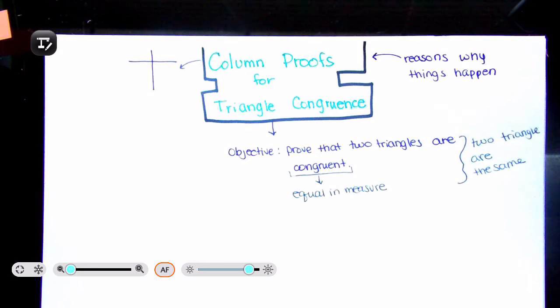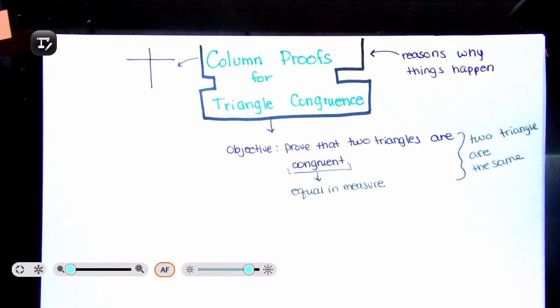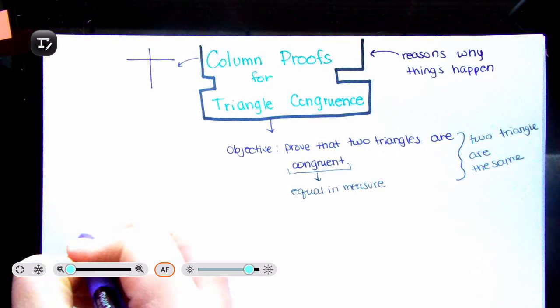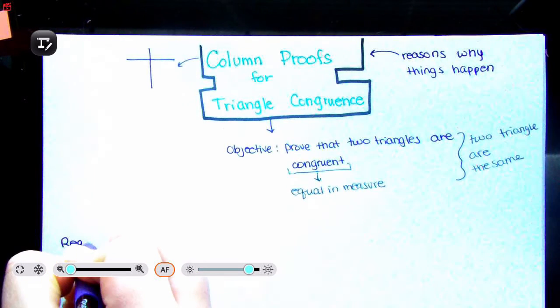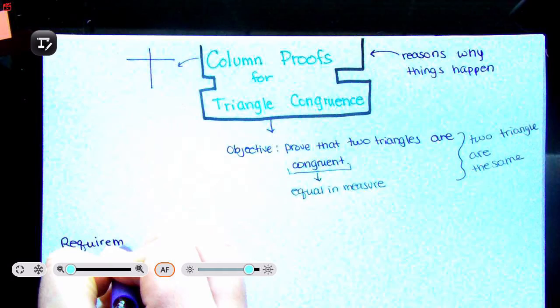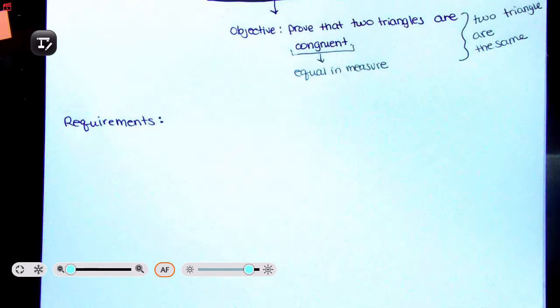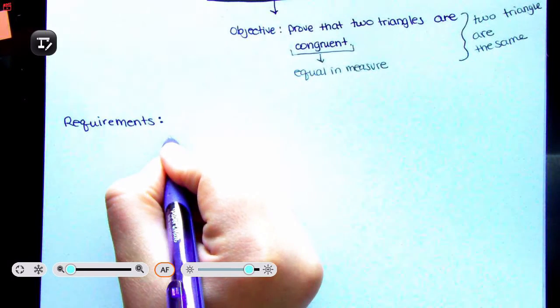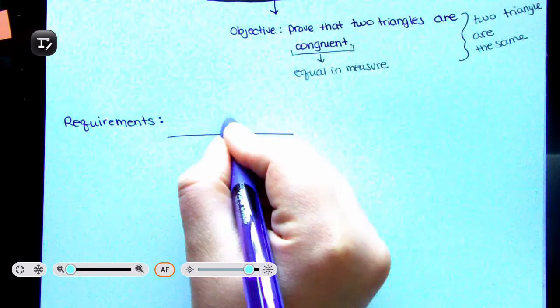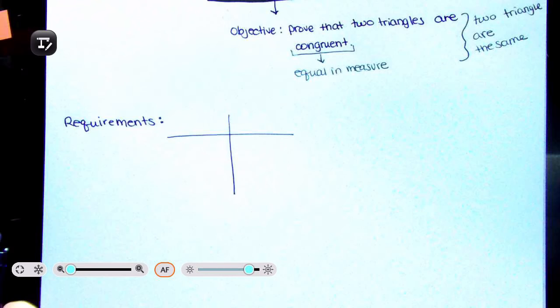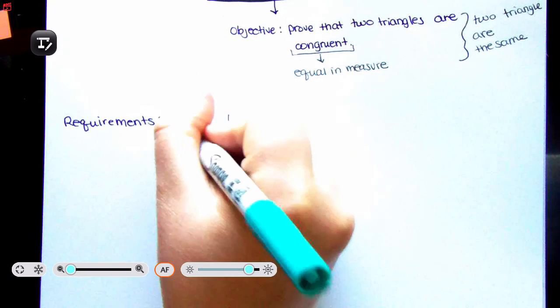So when we're working with these column proofs, let's talk about the requirements. To start off a column proof, you have your T-chart. And the first requirement is that you have to label your T-chart.